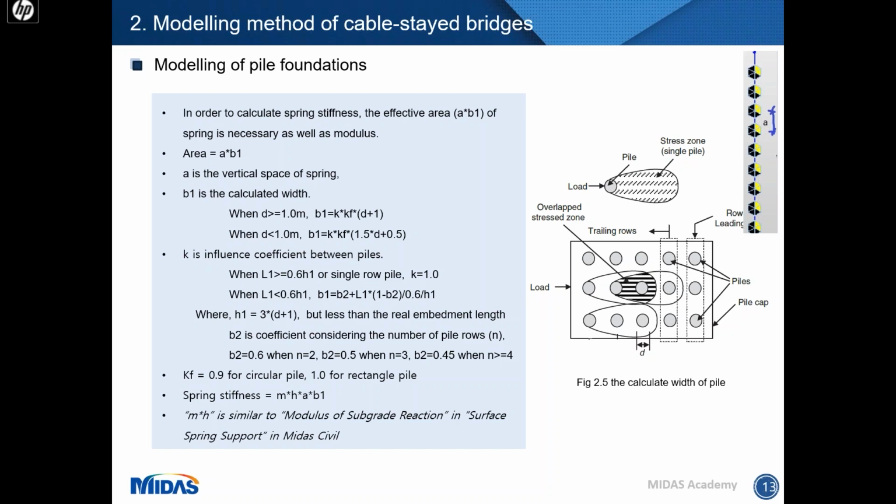I don't want to spend too much time going through these formulas, and you can download this PowerPoint and read through it. But once we get the modulus and the soil area, we can get the spring stiffness.